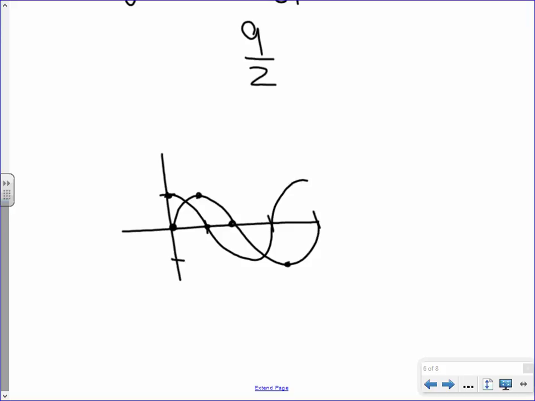So if I wanted the area from 0 to 3 pi over 2, notice how the top function changes, the top and bottom function change how many times? 3. We would have to find 3 different integrals to represent this area.